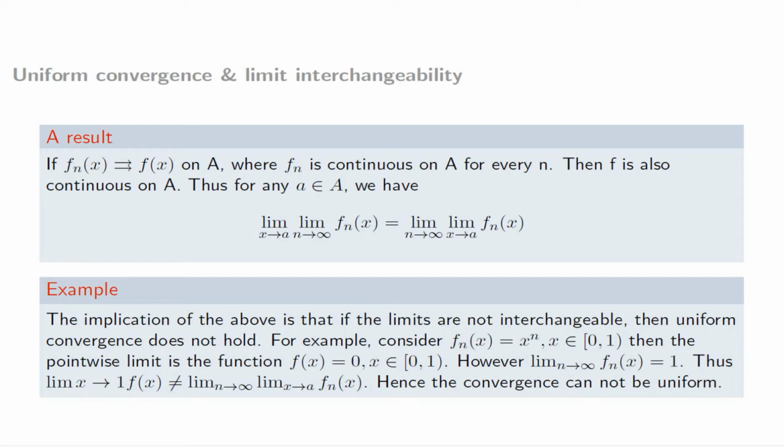Thus, as x tends to 1, the limiting value of f(x) is not the same as the double limit of f_n(x). Hence, the convergence cannot be uniform over the whole closed interval 0 to 1.